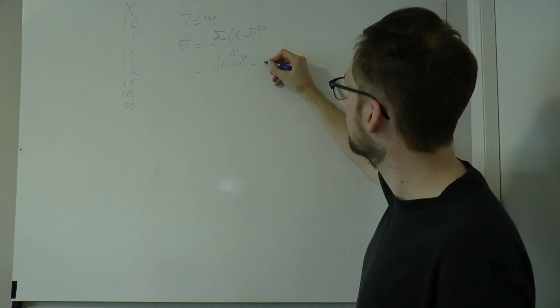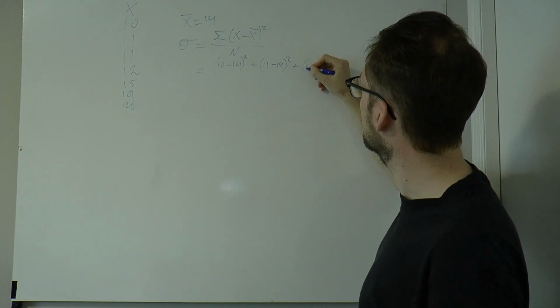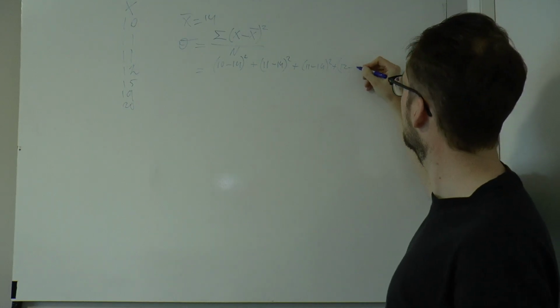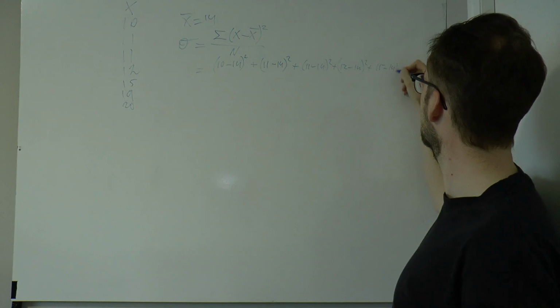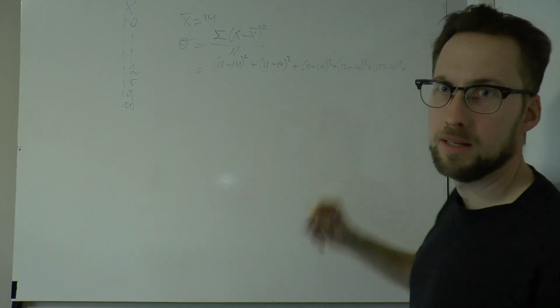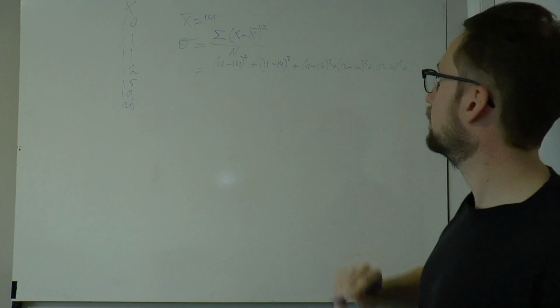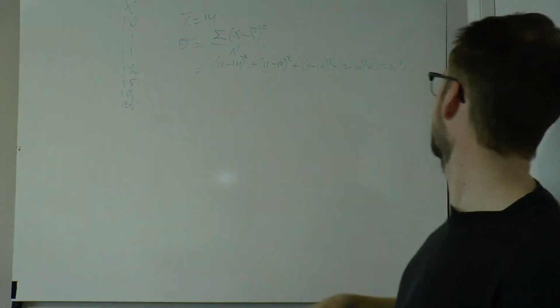Plus 11 minus 14 squared plus another 11 minus 14 squared plus 12 minus 14 squared plus 15 minus 14 squared plus... I'm running out of space, so I'm just going to put in ellipses there, but I have to do this plus 19.